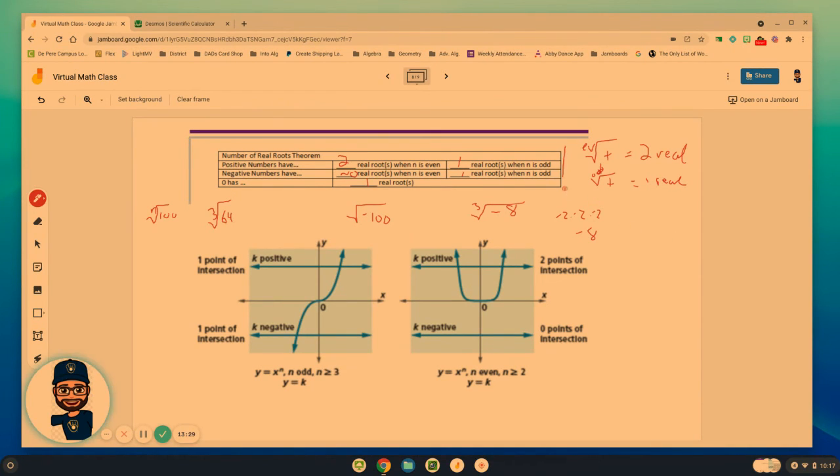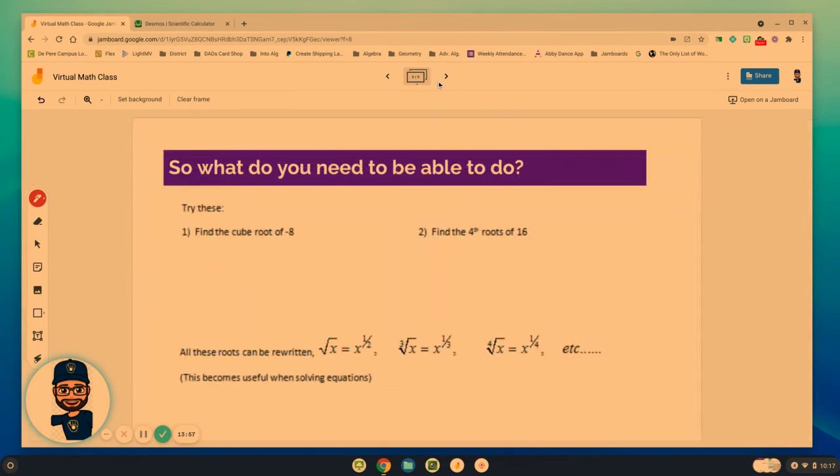If we are working with negative numbers underneath, if I got a negative value underneath, and this is an even, I'm just going to put E for even, we have no solutions, no roots. But if we're taking the odd root of a negative number, we will have one real solution.